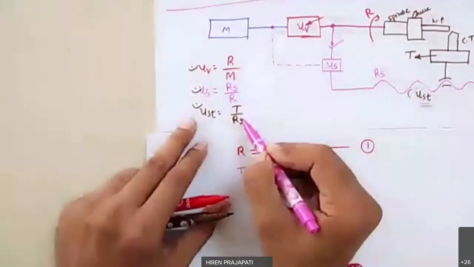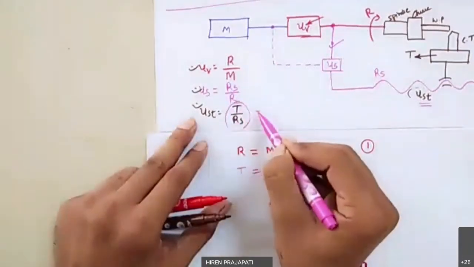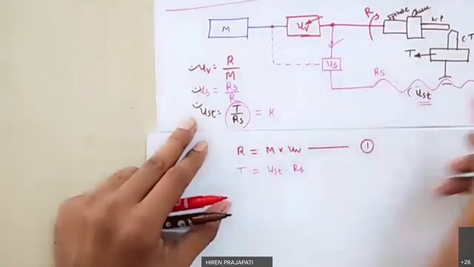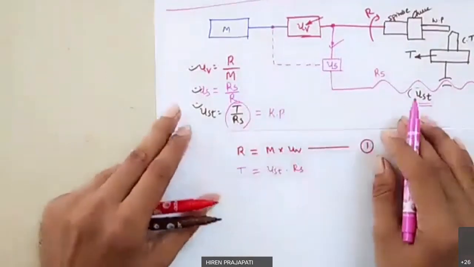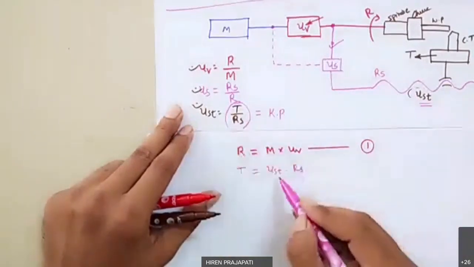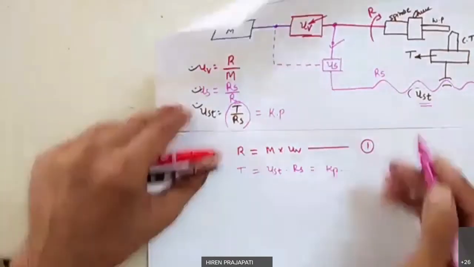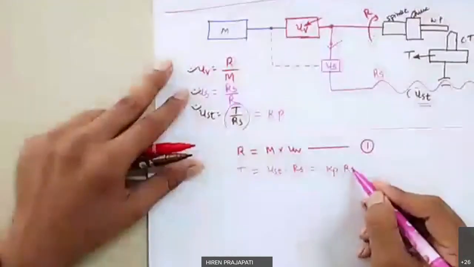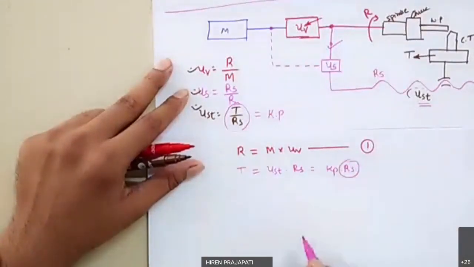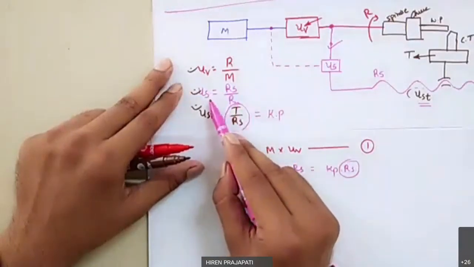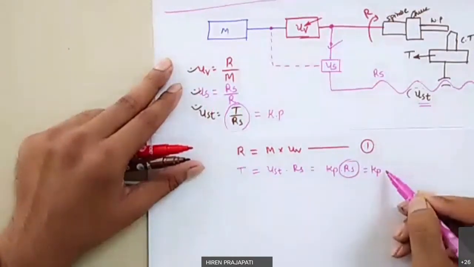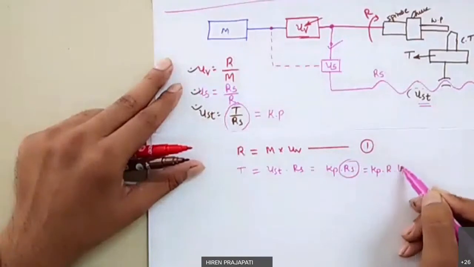Now this T by RS is K, the number of starts on the lead screw, into the pitch of the lead screw, so I write Kp into RS. Now what is RS? If you look here, RS is R into US. So let me write here Kp, RS is equal to R into US.